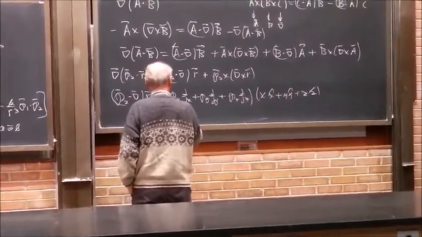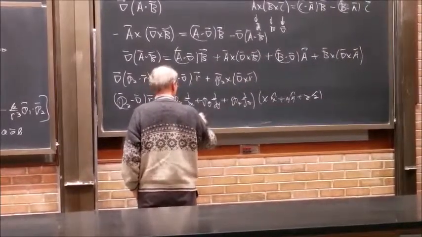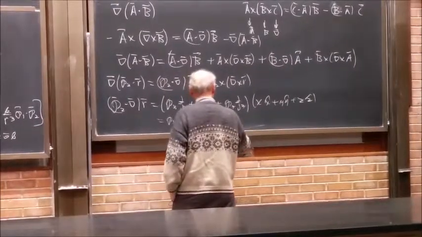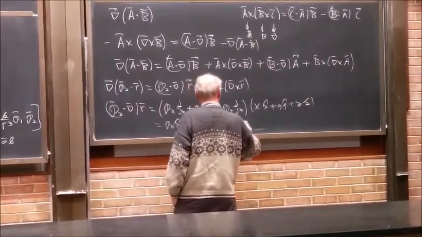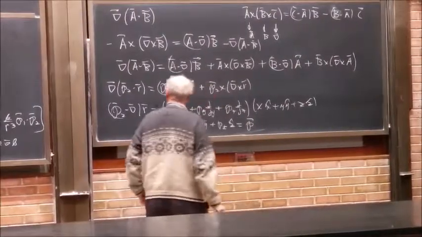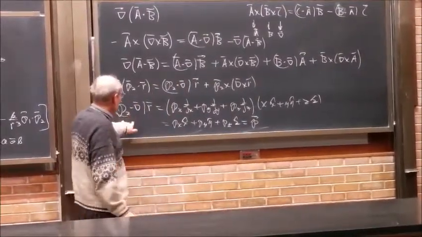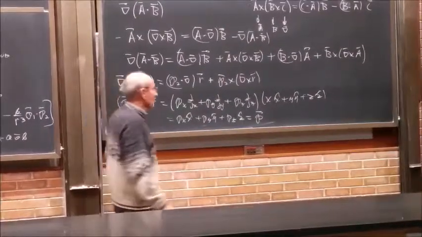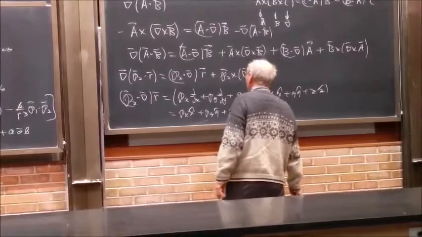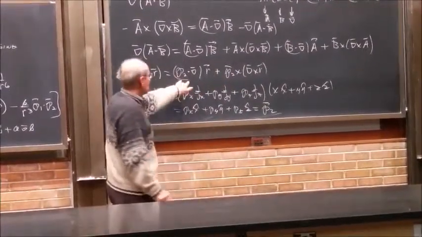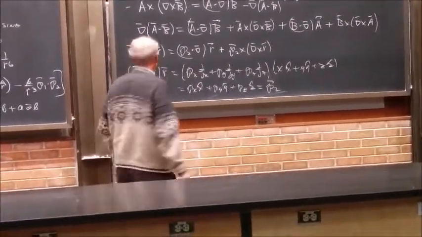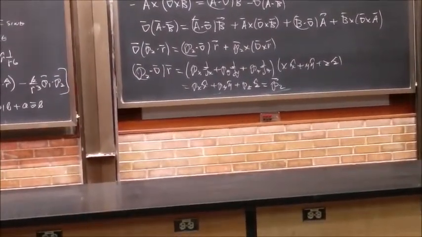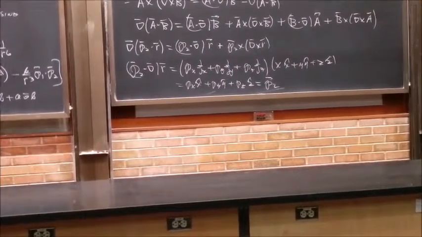So you get px x hat. Do it on this one, you get py y hat. Do it on this one, you get pz z hat, but that's just p. So P2 dot del operating on R is just P2. So this piece is easy. Now, what is the curl of R? Well, that's easy.